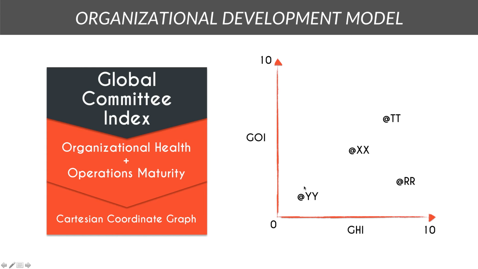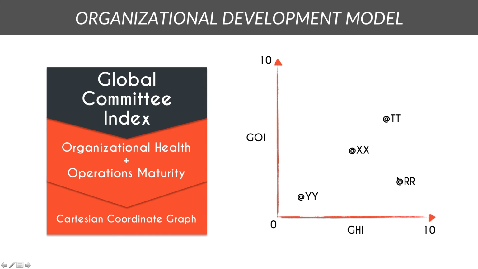And then we locate the entities in this graph. So for example, this LC YY is very bad in health, but it's very bad in operations as well. This AIESEC TT, they are very good at operations and very good at health.